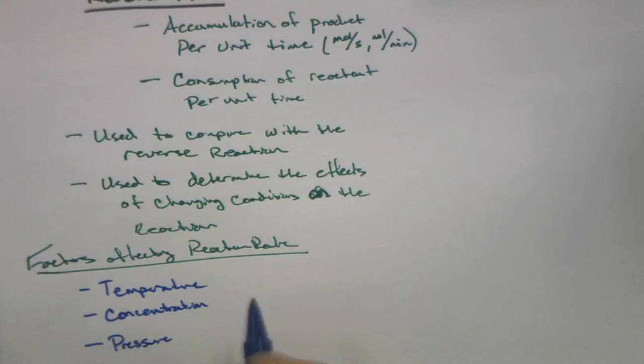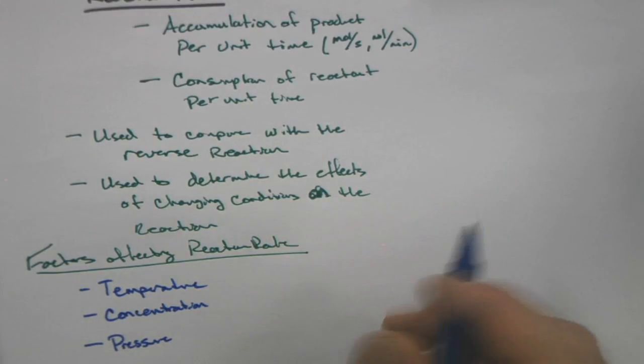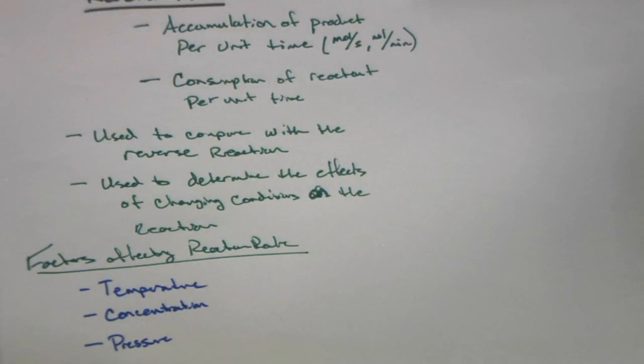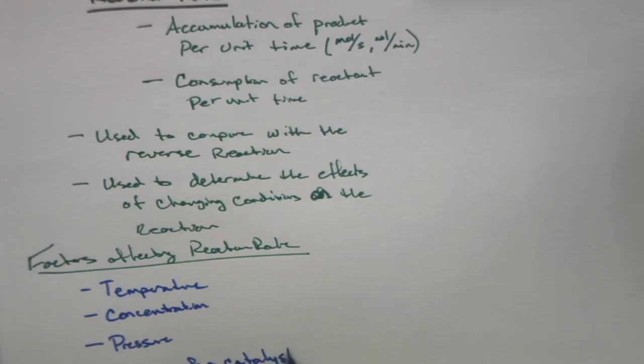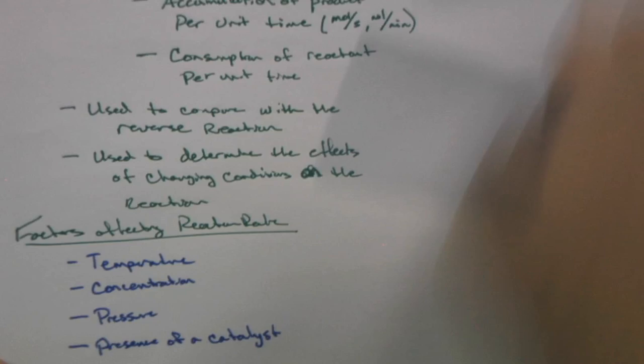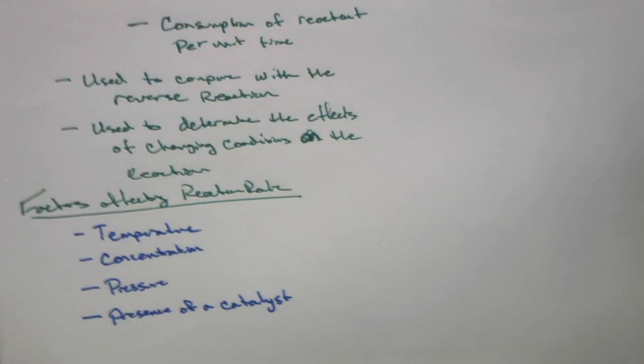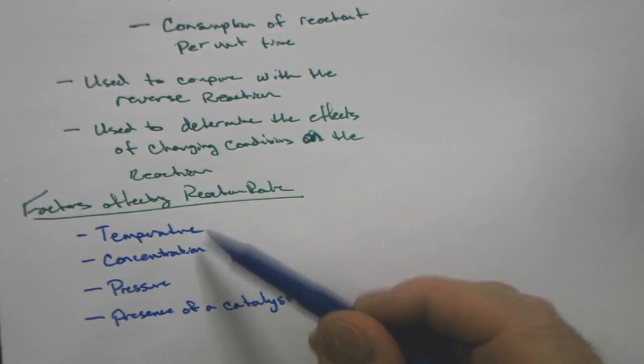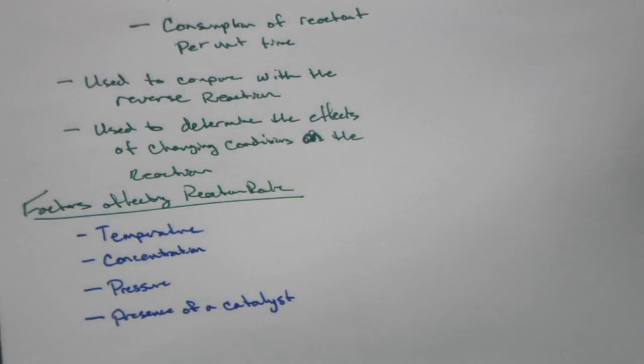And the other one, which we haven't really talked about yet until now, is the presence of a catalyst. These are the big four: temperature, concentration, pressure, and the presence of a catalyst.